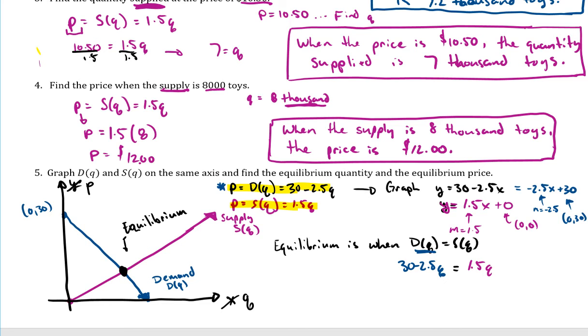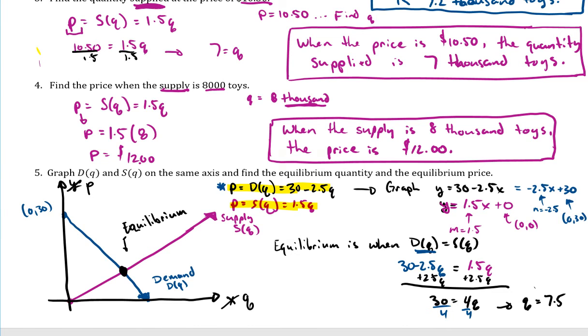And then now we just want to solve, so we can add the 2.5Q over. So we'd have 30 is equal to 4Q, and then we could divide by 4. I'm a little out of room, so I'm going to put it to the right for now. So 30 divided by 4 is 7.5.